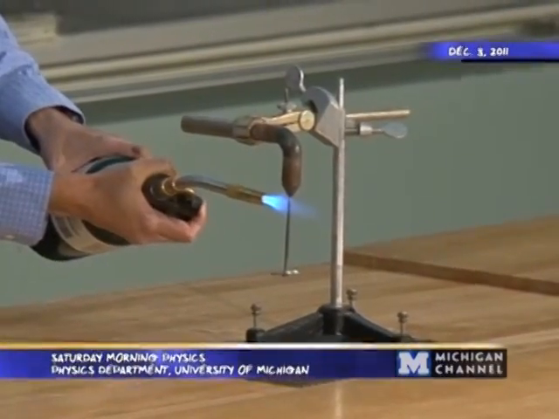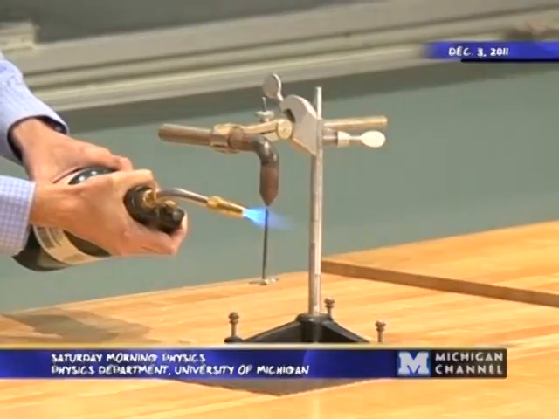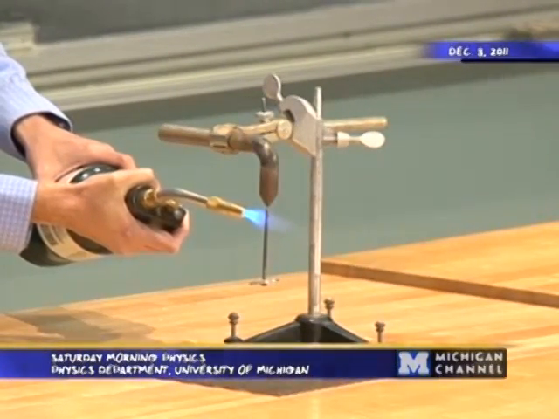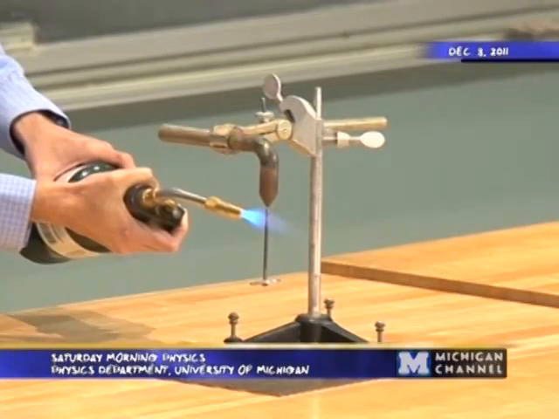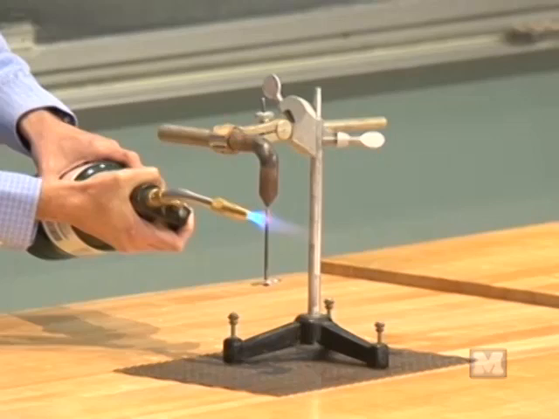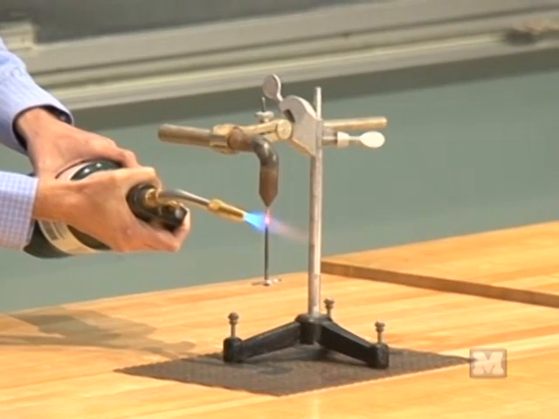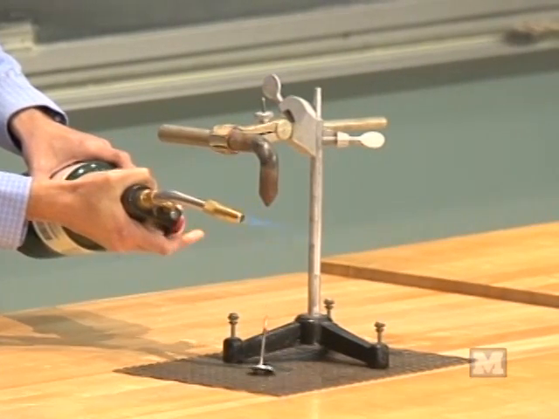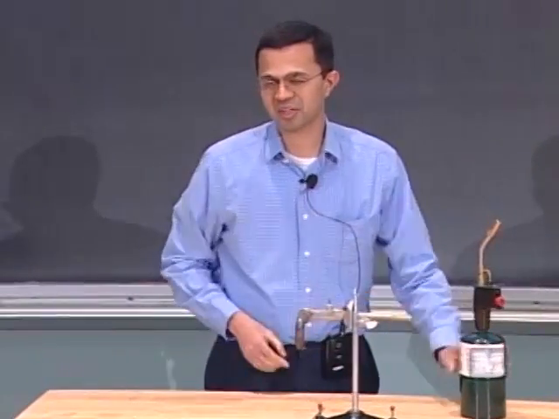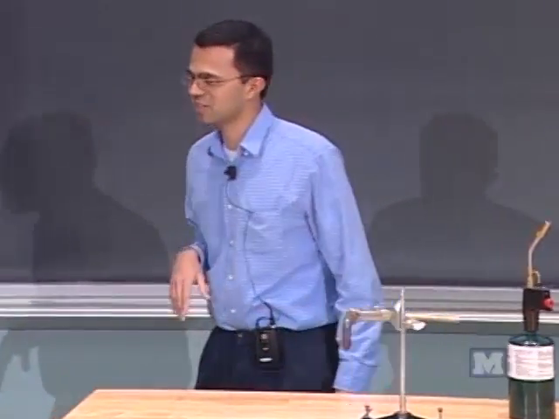But now if I start heating it, when the temperature gets sufficiently high, it's no longer going to be attracted. It dropped off. Right? So it lost its magnetic properties at a certain point.